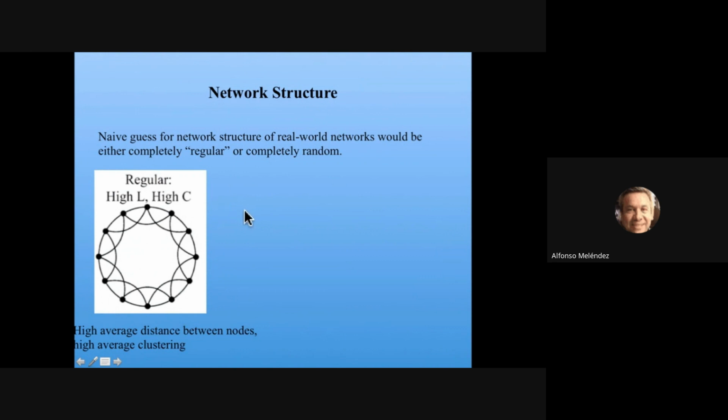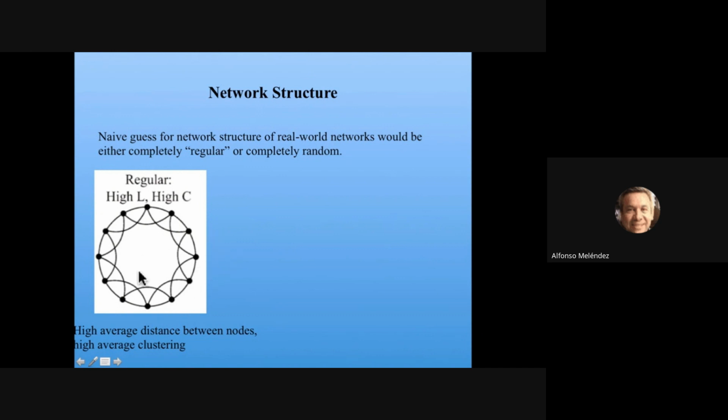And it turns out that this network, if you scale up to many, many nodes, has a very high average distance between nodes. It takes a long time to get via hops from one node to some other random node in the network, but it has a high average clustering. That is, this node, for instance, its two neighbors are connected to each other, and its neighbors over here are connected also.